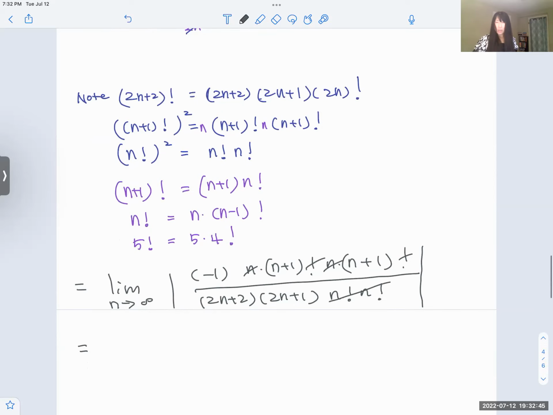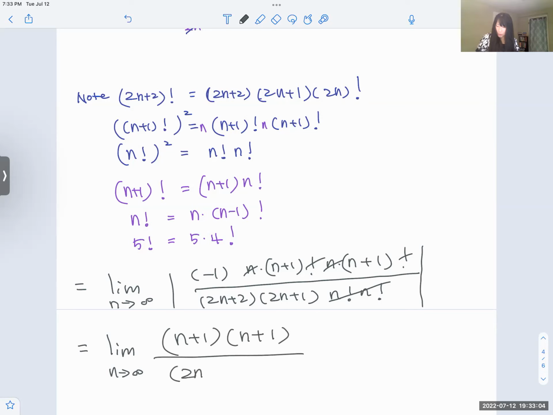Then let's take out the absolute value. Then this is plus 1 without the absolute value. This is where we wanted to take the absolute value. n plus 1, all over 2n plus 2, 2n plus 1.